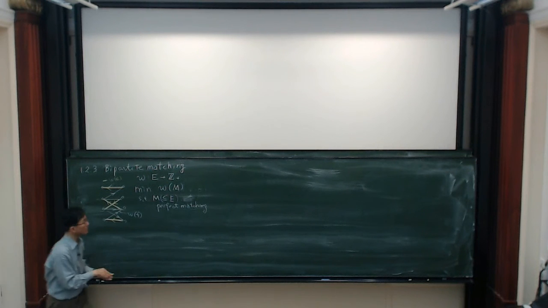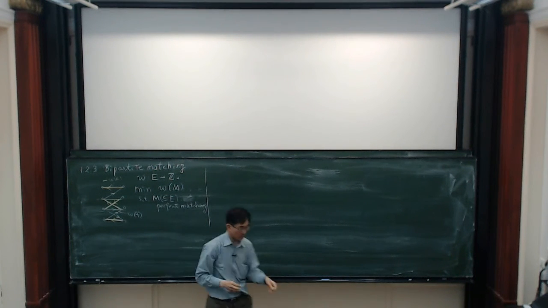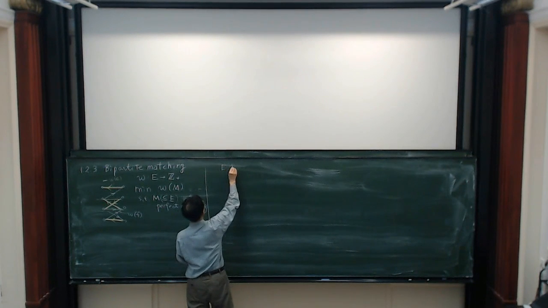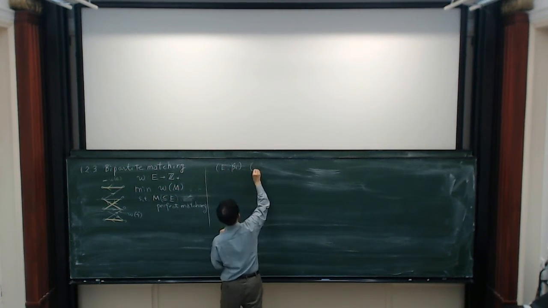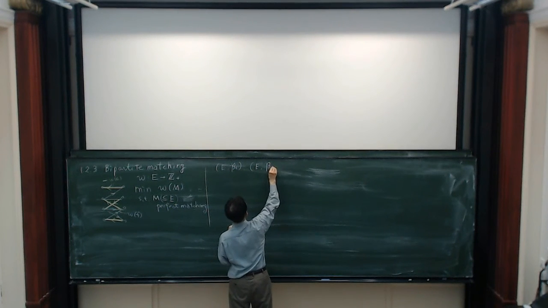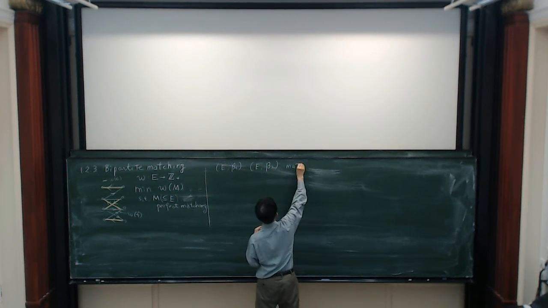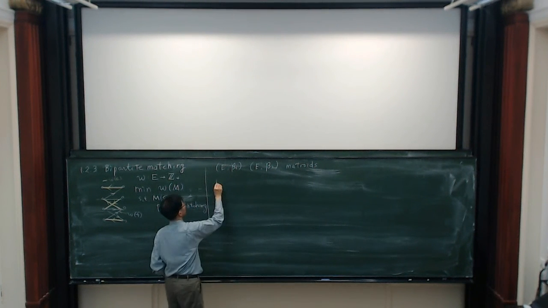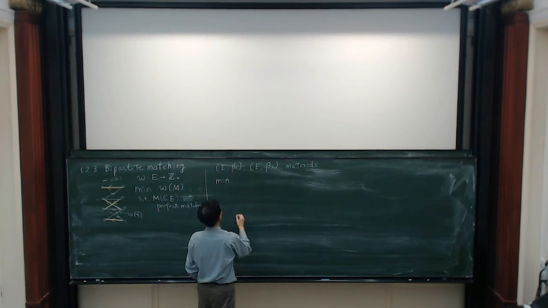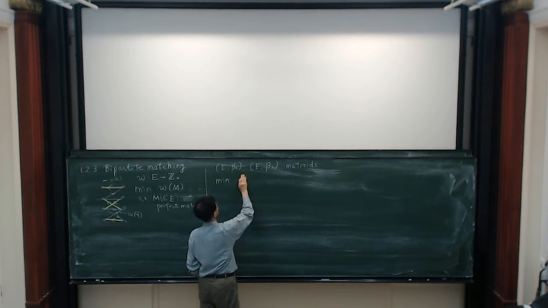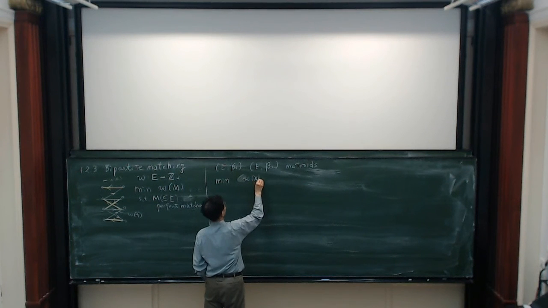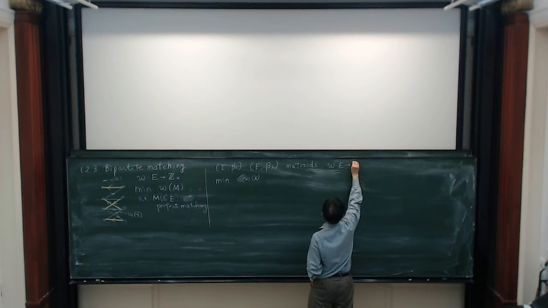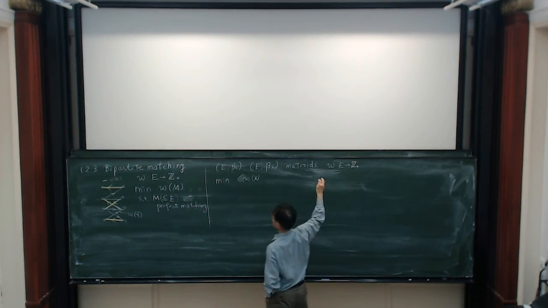Okay? So let me just write the problem itself. Given two matroids in terms of bases, the problem is to minimize the weight of x, where we are given a weight, maybe non-negative integer for some reason that we'll show later.